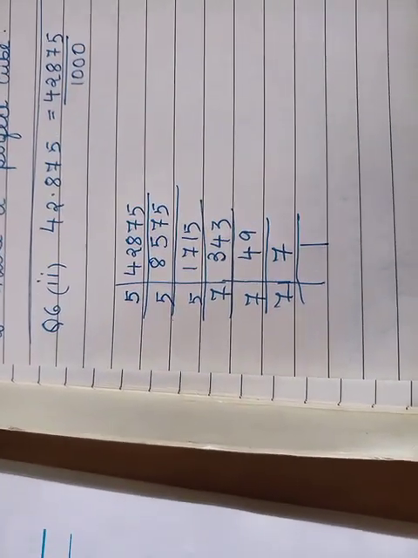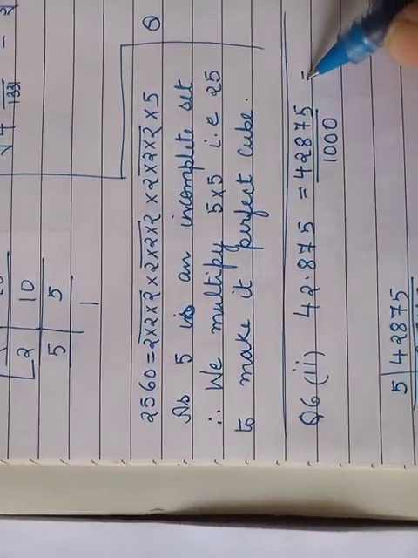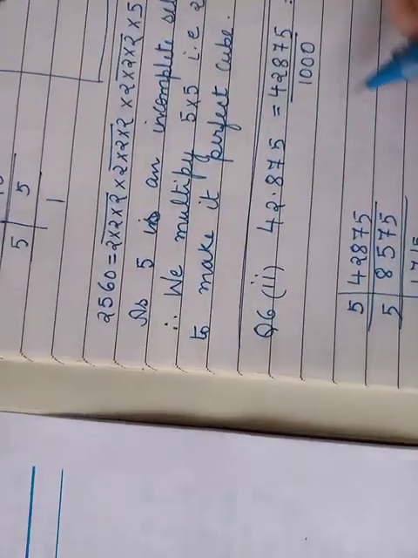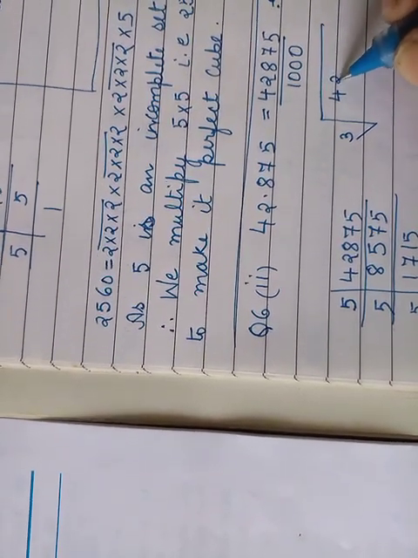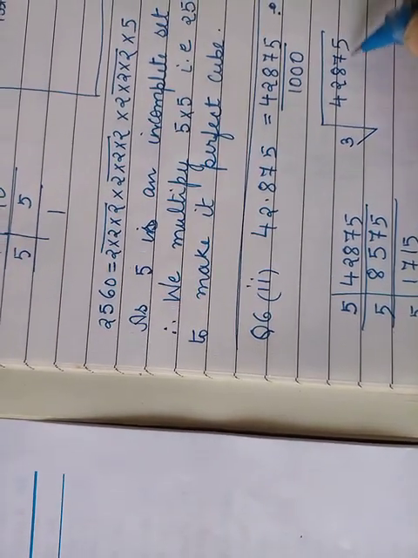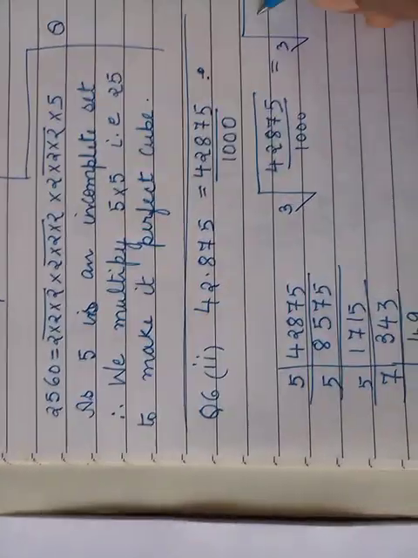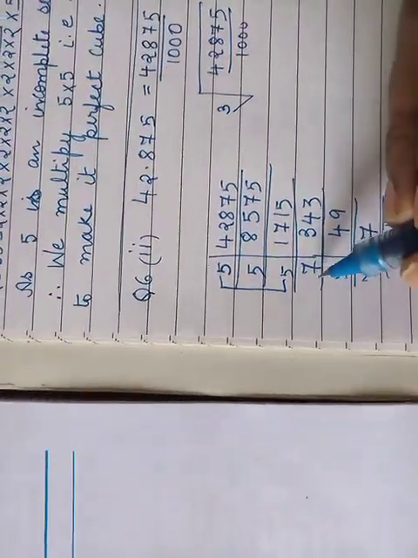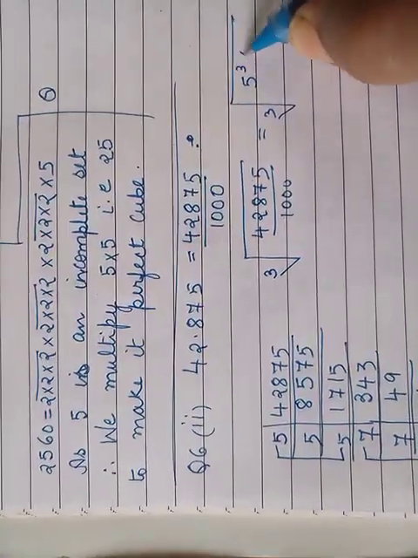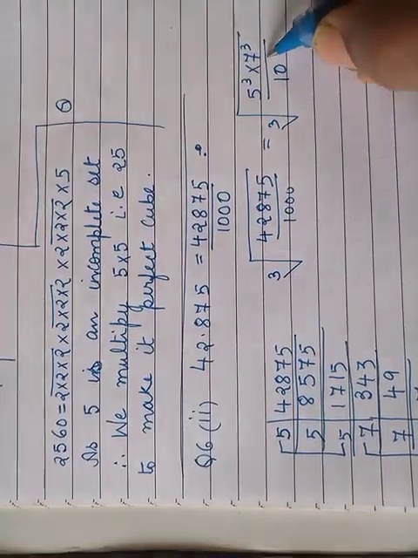So I have done the prime factorization. Now we are looking for the cube root. So first write the expression that we are finding the cube root of. This becomes 5 cube, because this is a set of 5, and this is a set of 7. So I write 5 cube into 7 cube, and 1000 is a cube of 10.